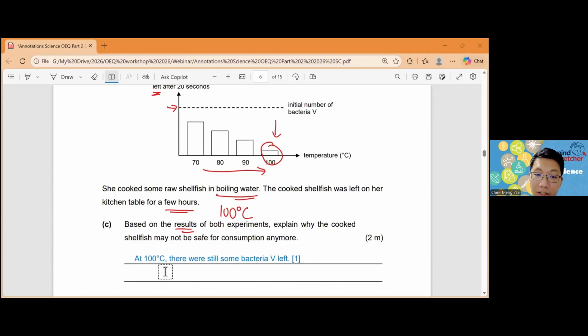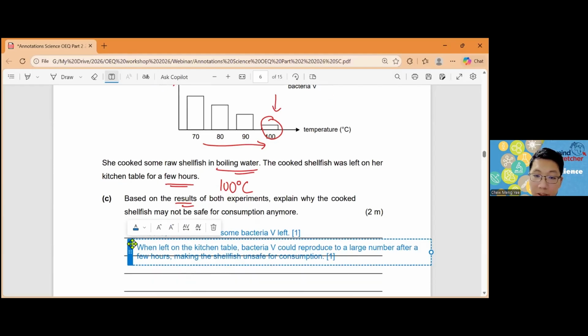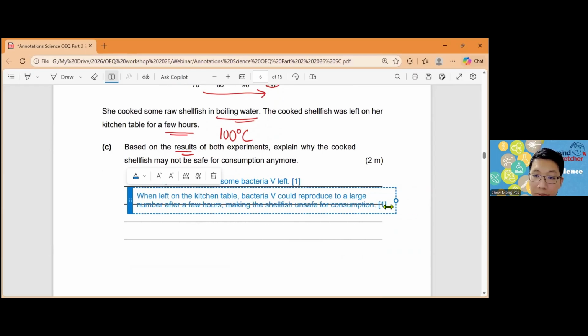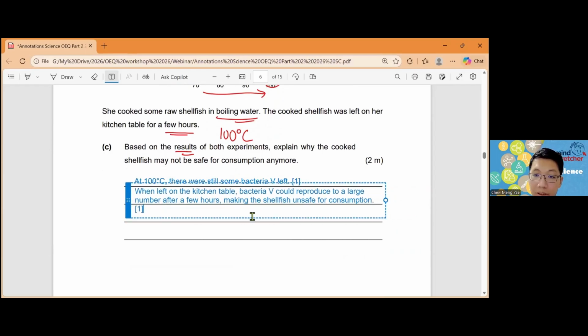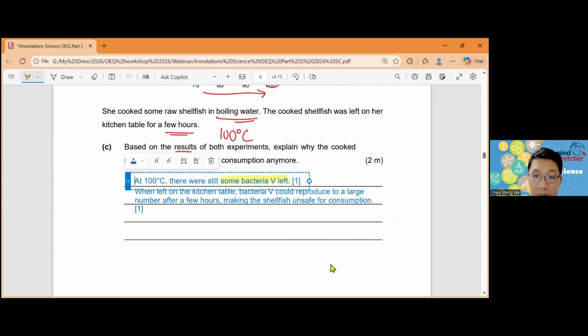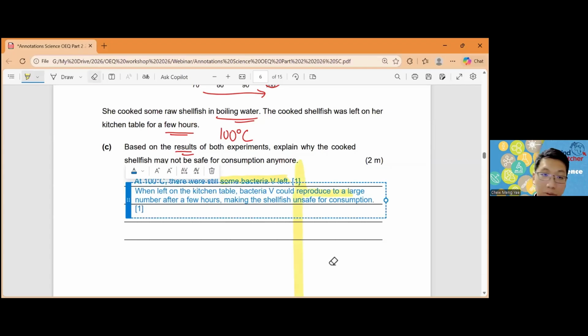Okay, so after leaving it on the table for a while, they can reproduce to a large amount. Okay, they can reproduce to a large number, making it unsafe. Okay, so it's all about not killing all the bacteria. There's still some of them left, right? Then they will reproduce.